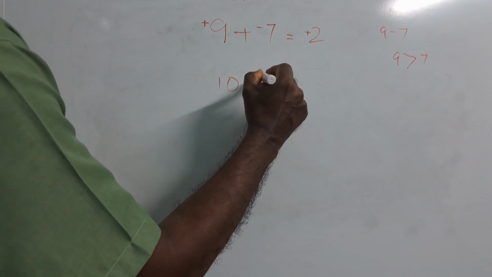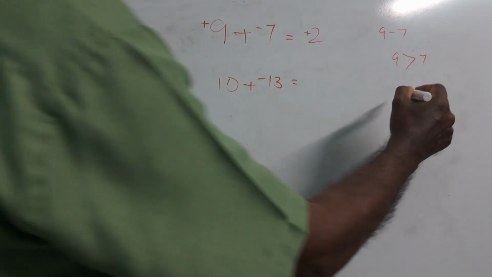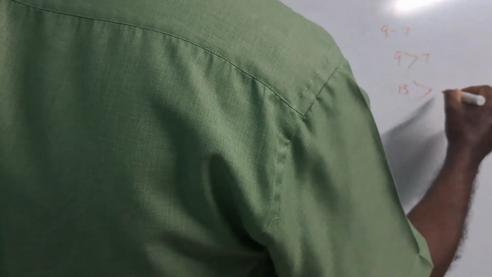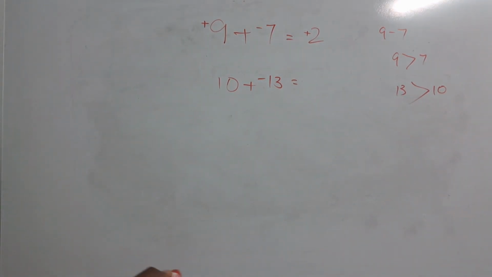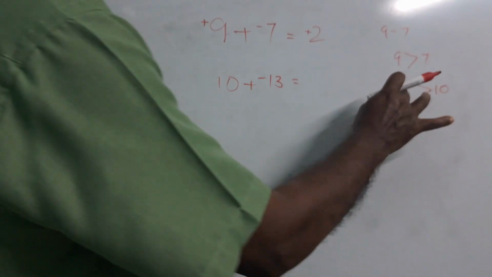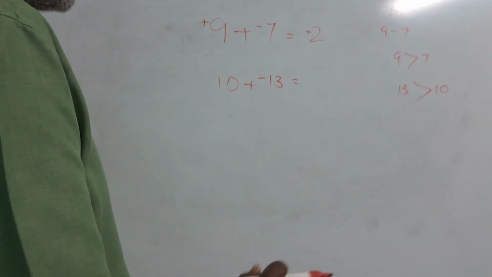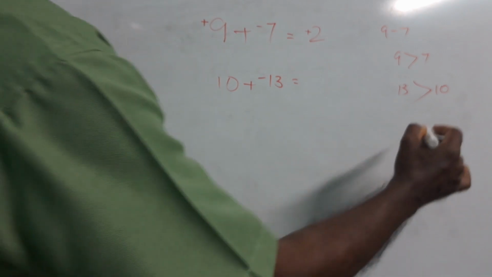10 plus negative 13. Here the larger number is 13. 13 is larger than 10. We consider the comparison without sign. We do not bother about the sign, just taking the numbers without sign. 13 is larger than 10.